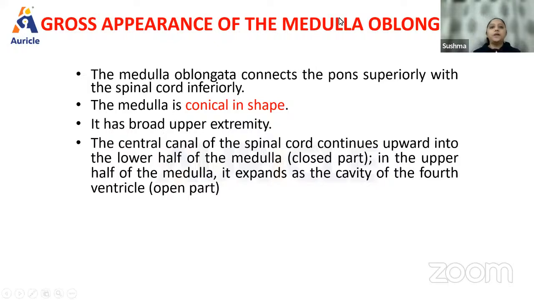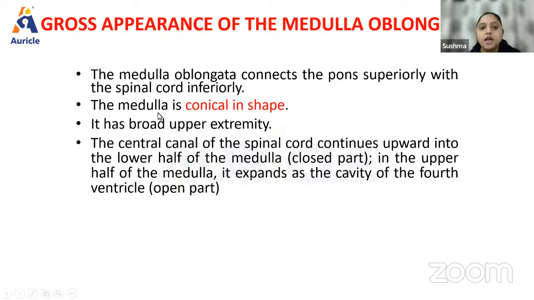Then, how is the gross appearance of the medulla oblongata? Now, the medulla oblongata connects the pons superiorly with the spinal cord inferiorly. Correct? How does the brainstem look? We have the midbrain, pons, and medulla oblongata, which further continues down as the spinal cord.